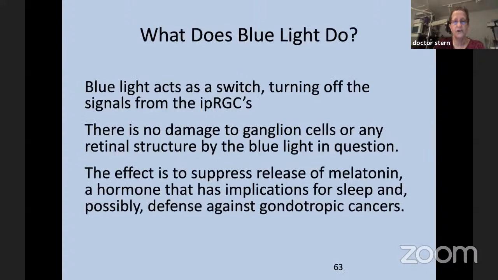So it turns off the signals from the ipRGCs and it suppresses melatonin, therefore we stay awake. Which also can be a bad thing, in that artificial light will also keep us awake at times when our body naturally should be sleeping.